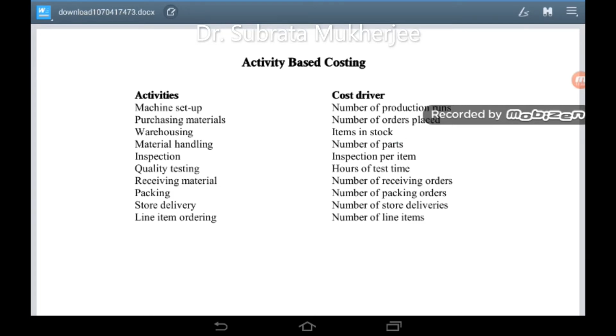Material handling, number of parts. Inspection, per item. Quality testing, hours of test time. Receiving material, number of receiving orders. Packing, number of packing orders. Store delivery, number of store deliveries. Line item ordering, number of line items.